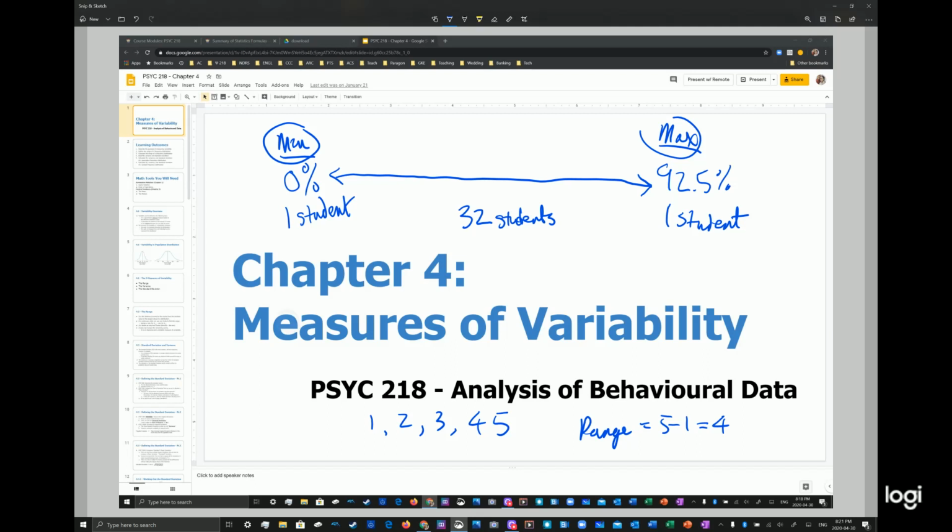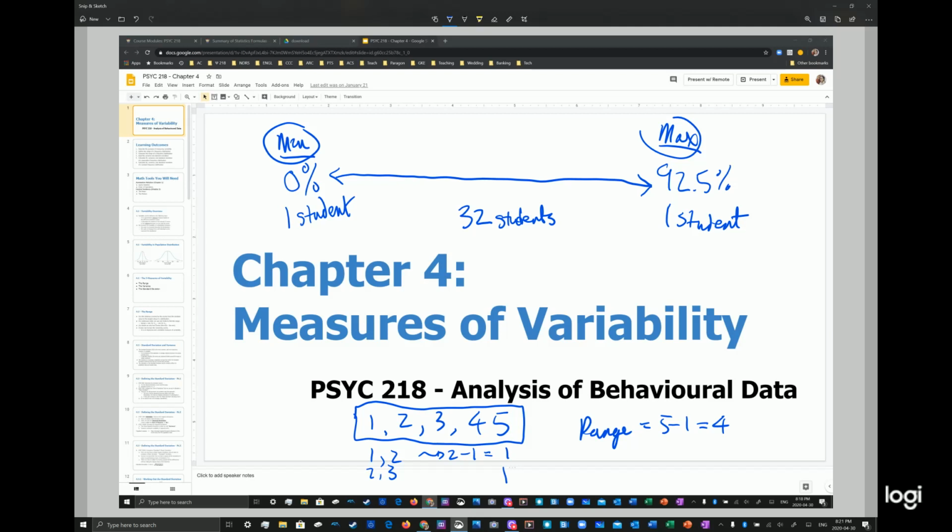Well, I could go 1 and 2. Okay, cool. So then that's 2 minus 1. That's 1. And you could do this for each pair. You rank them, and yeah, you can say, oh, well, if I rank them from smallest to largest, each person in this particular distribution, the scores would be 1 apart from one another.